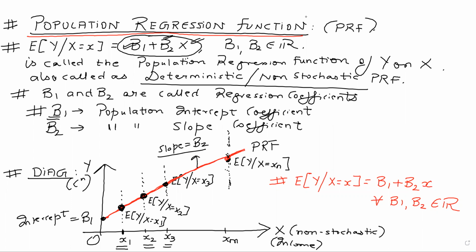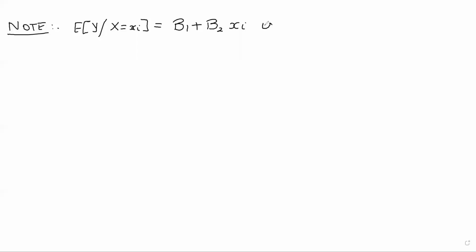So, guys, I'm erasing all this now. So I can write a few points. The expected value of y given x equal to xi, which I can write as capital B1 plus capital B2 times xi.